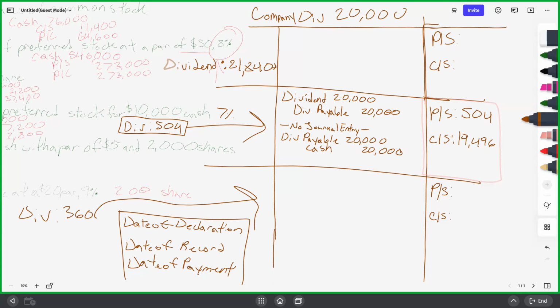So we're never going to learn the date of record? Date of record is no journal entry at all. It's just this little mathematical process. So this is how much they're technically promised.